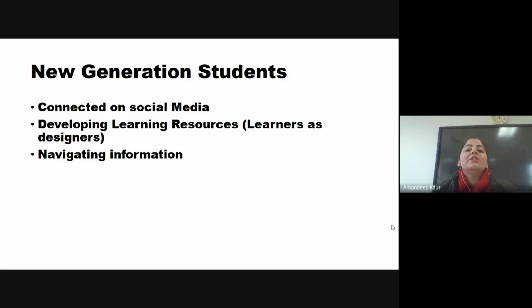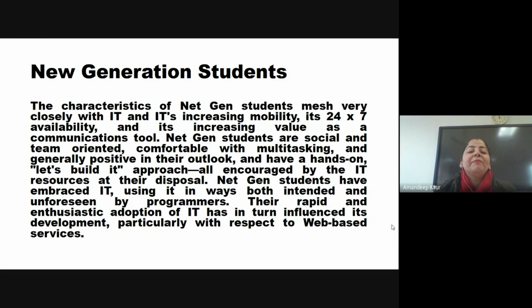So it is the teacher who is going to find out what kind of infrastructure resources are available with us and how we can fulfill the demand of this particular generation of students by identifying different platforms that may be beneficial for that student population. But yes, to fulfill the demand of this generation, the faculty members need to put in a little extra effort for such kinds of activities.